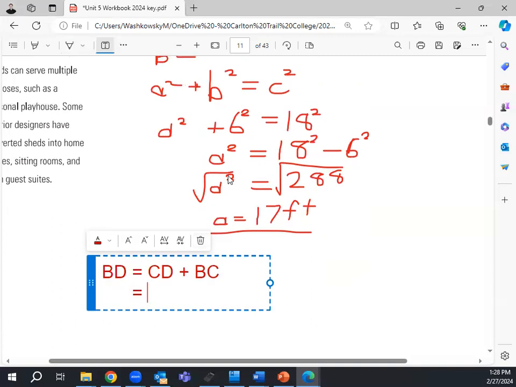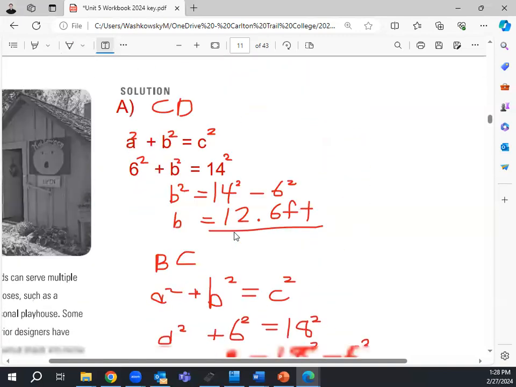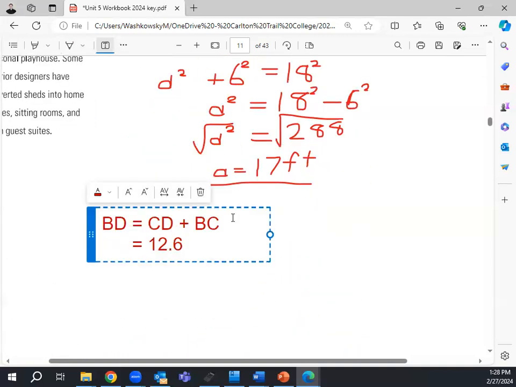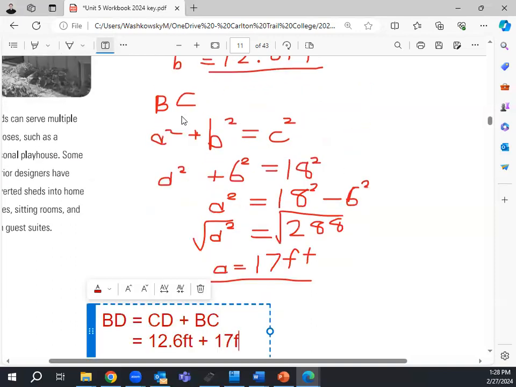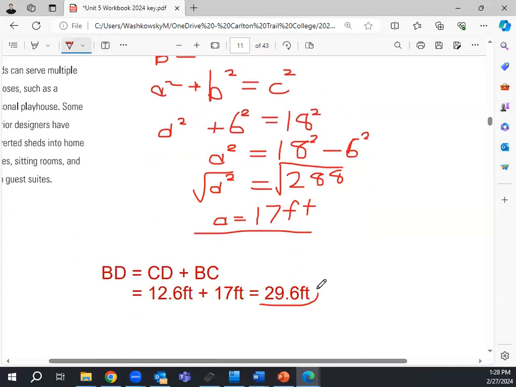I know side CD was 12.6 feet and side BC was 17 feet. Combine those together, you get 29.6 feet, which is my final answer, and I circle that. So organization is an important part of this process.